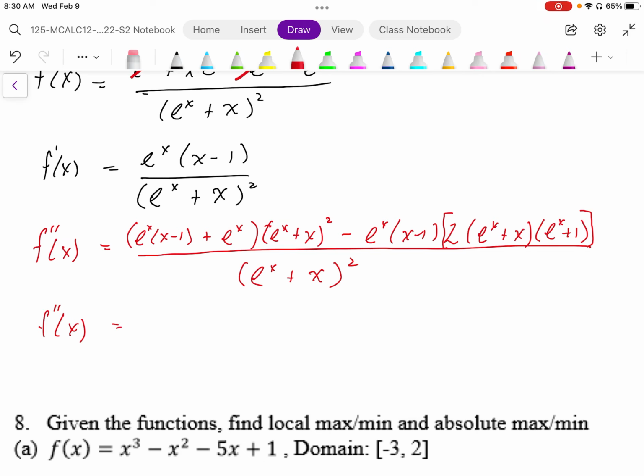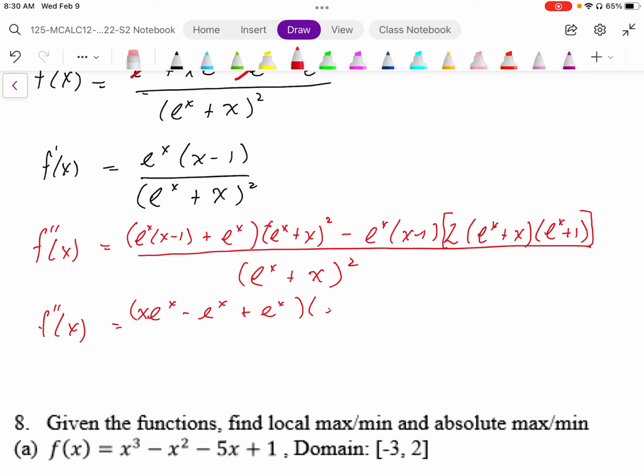However, I really should see if there are like terms that cancel out. Oh, this is really messy, but I'm going to attempt to simplify this expression. So I'm going to get x e to the x minus e to the x plus e to the x. So that's definitely going to simplify. I'm going to simplify that before I multiply that out.